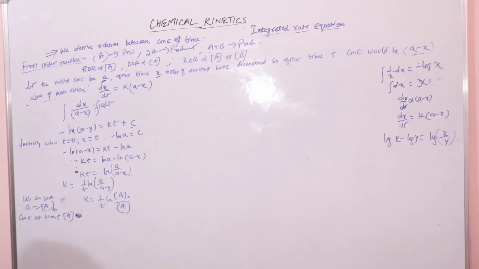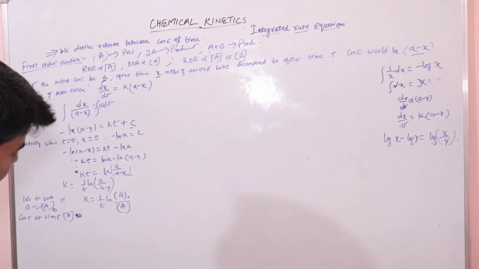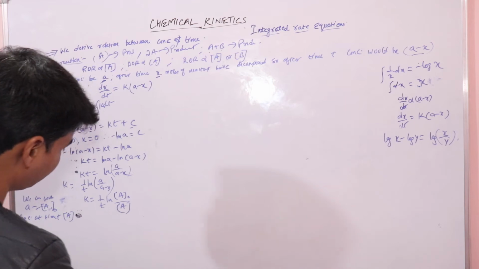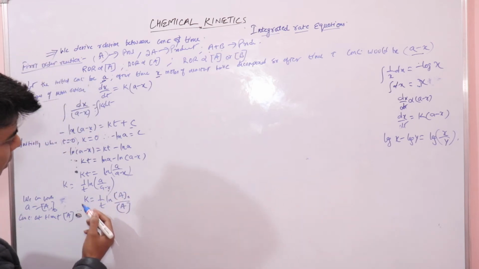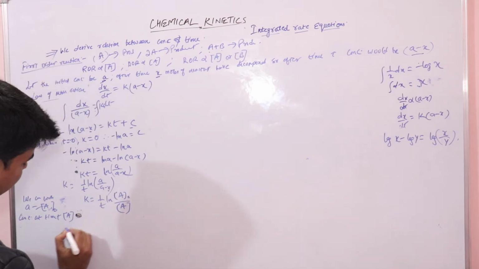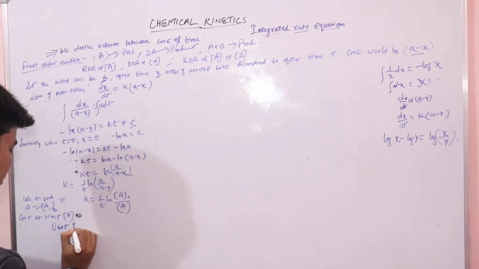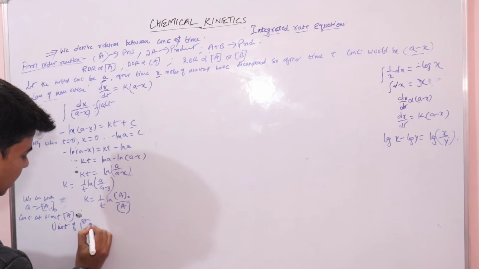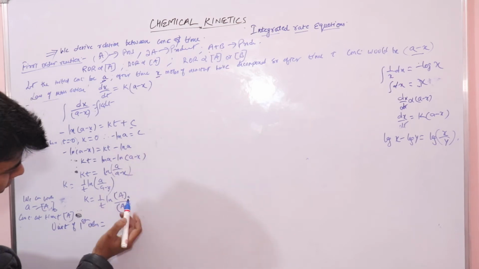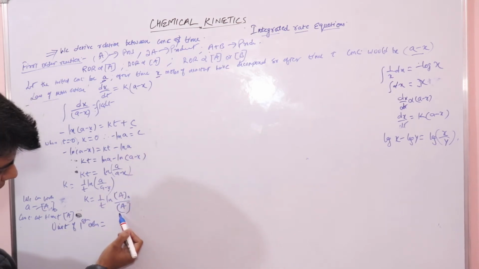So now, if you want to find the unit of rate constant for a first order reaction, just quickly look at this unit of first order reactions. This is concentration, this is concentration, right?